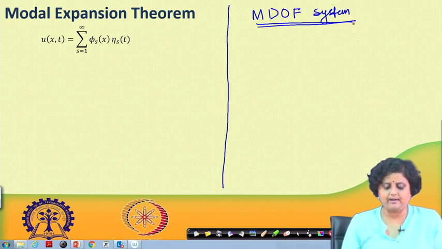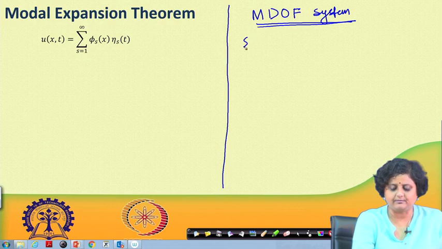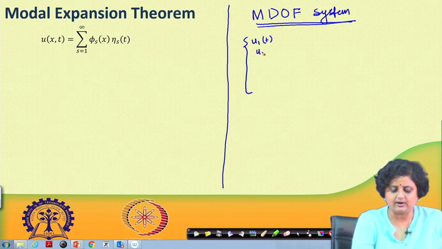So, if you remember that for a multi-degree of freedom system, we said that any arbitrary displacement, let me say it as u1 t, u2 t and so on till un t are the displacement.